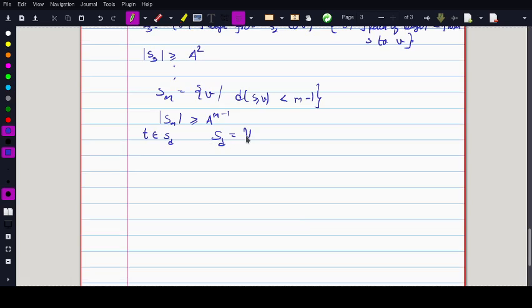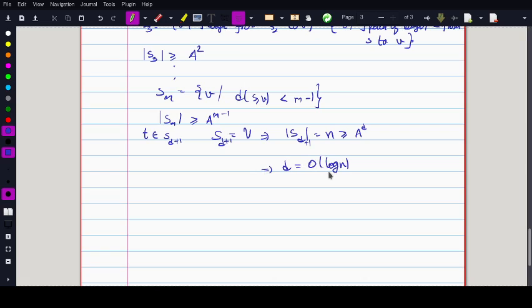So let's say Sd equals V in the case of a connected graph, and more specifically we get the size of Sd equal to n. We saw that the size of Sd would be greater than or equal to a power d, in fact all of these should be plus 1, and so this means that d is order log n.